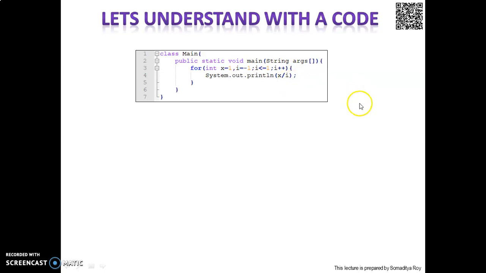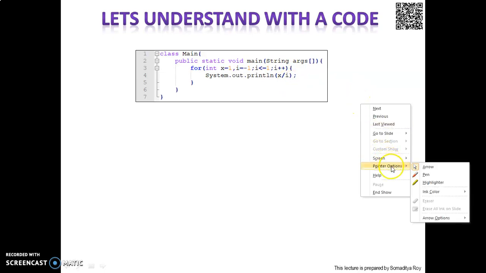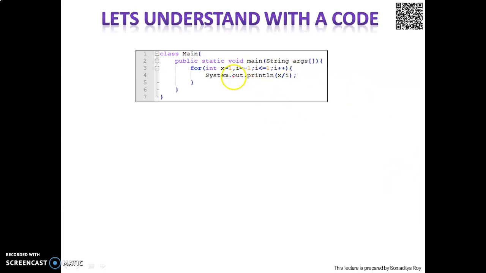At the first iteration, the value will be 1 divided by -1, which is -1, and then i gets incremented. So now -1 is incremented to 0, and in the next iteration the value will be 1 by 0, and that is a case of exception.